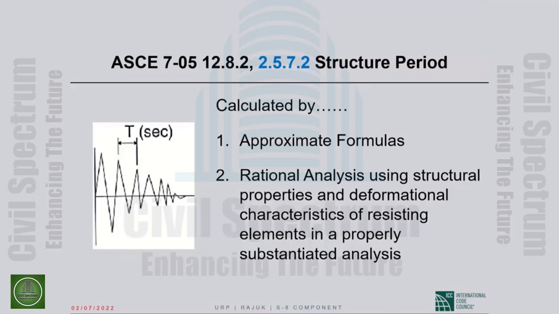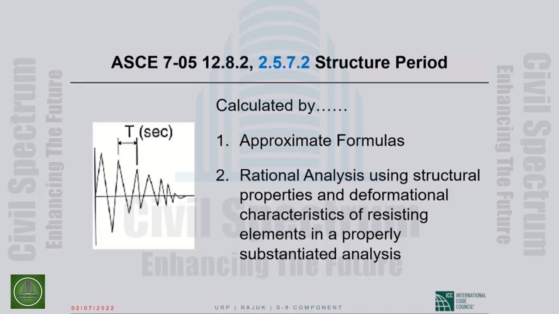And because of that, our codes have always given us an approximate period with which to get started, and that is denoted by T sub A. So you can start your seismic design by T sub A. And once you have gone part way through the design, you can refine your period estimate if you so choose.